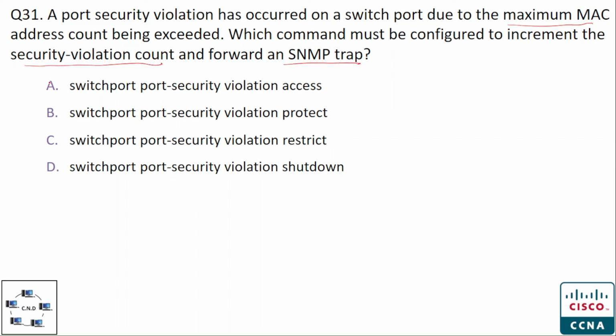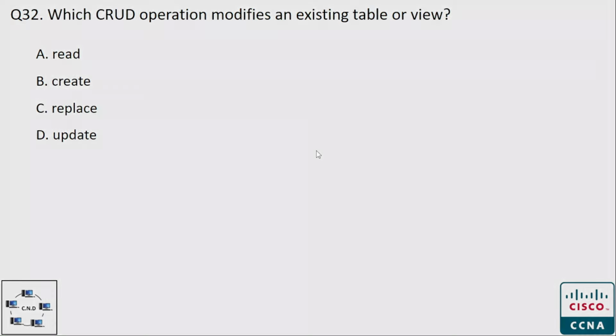The options are: option A, switchport port-security violation access; option B, switchport port-security violation protect; option C, switchport port-security violation restrict; and option D, switchport port-security violation shutdown. And the correct option is option C, switchport port-security violation restrict.